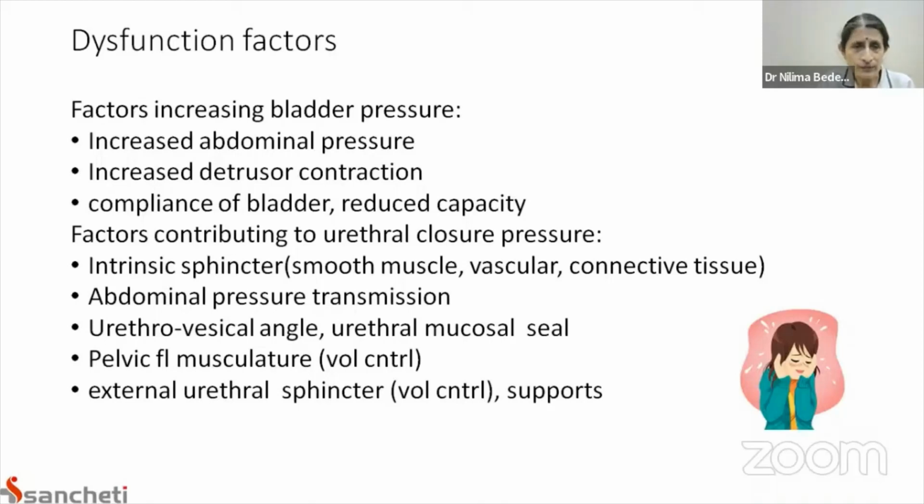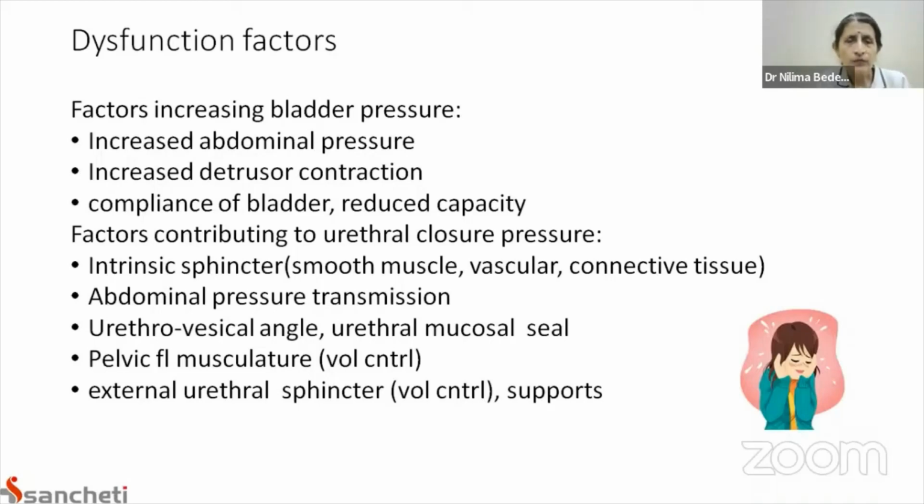The length of the urethra is very important. The urethrovesical angle is a particular angle between the bladder and the urethra, which naturally creates a tension around the urethra, and immediately leakage will not be there due to the angle.